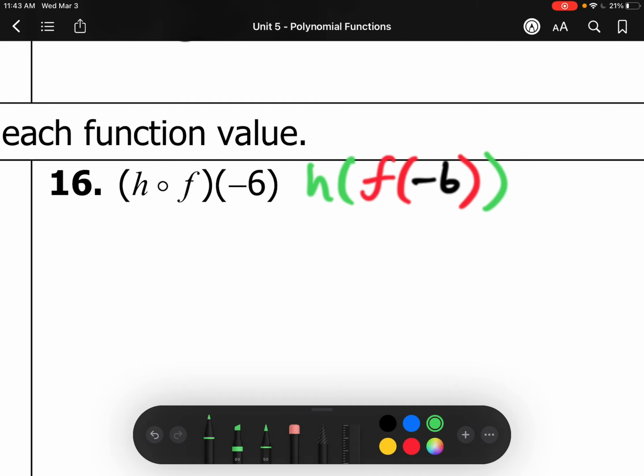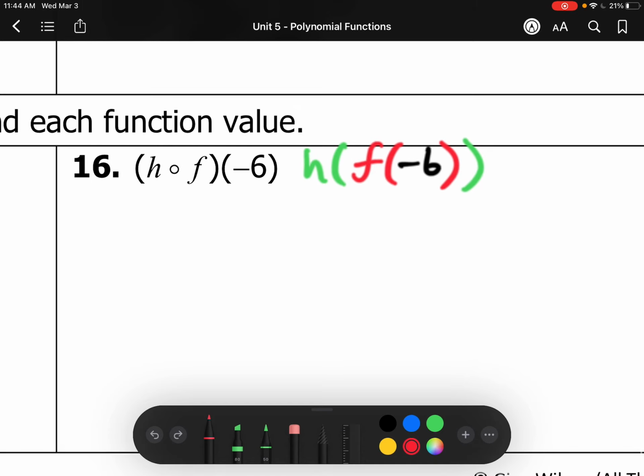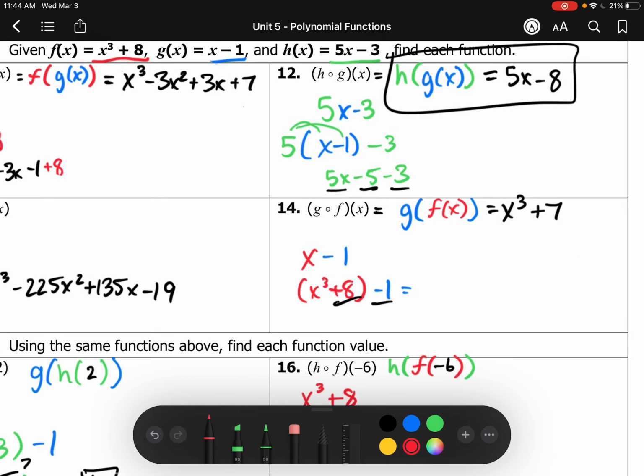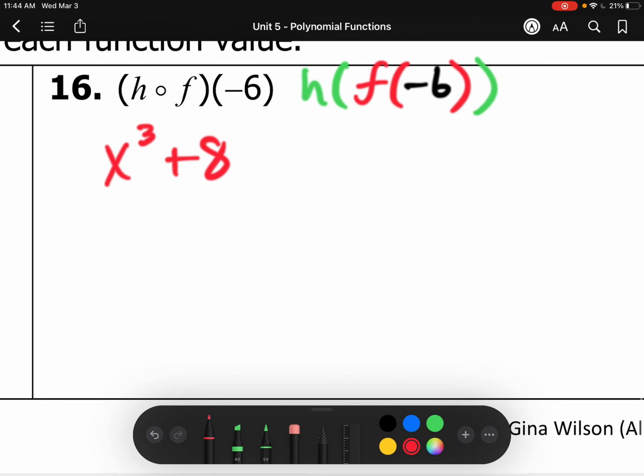So first, we're going to take function f and replace x's with negative 6. Function f is x cubed plus 8. So I'm going to take this x and replace it with this negative 6 that we were given. So this becomes negative 6 cubed plus 8.